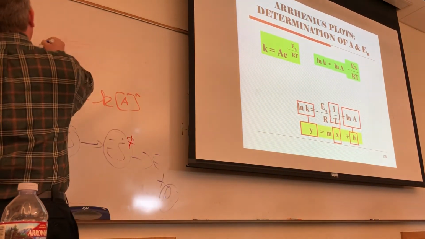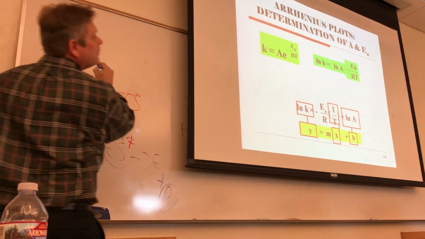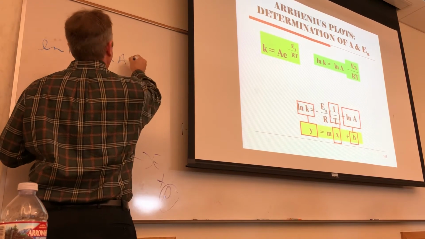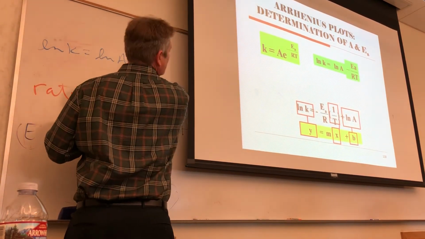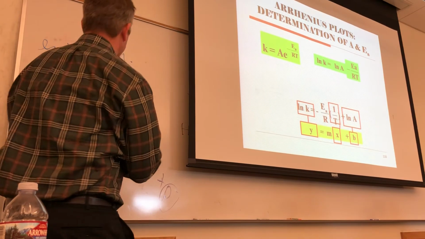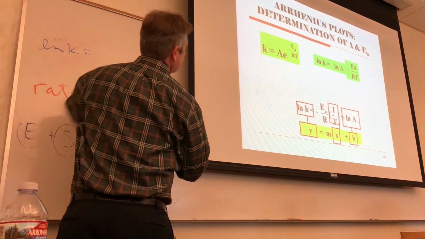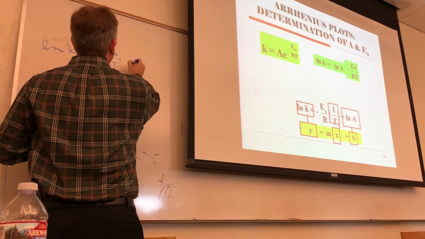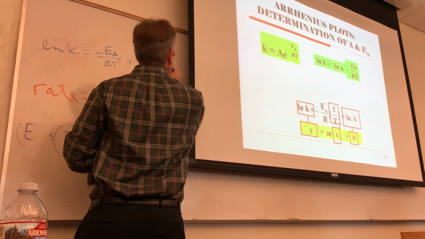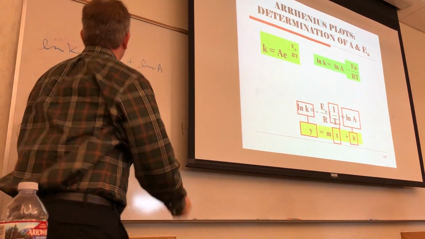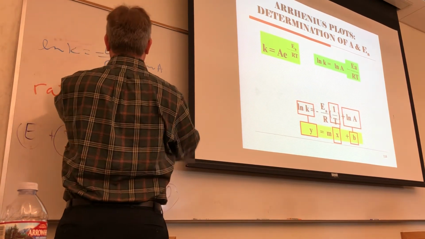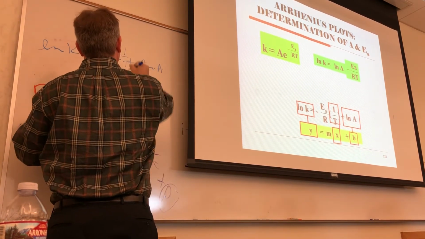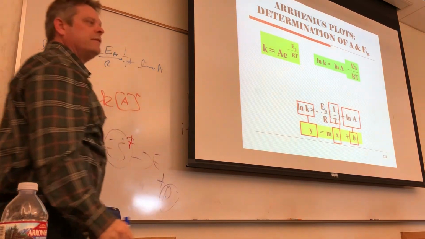And we can say log K equals log A minus EA over RT, plus log A, 1 over T. Maybe I should separate this. Make sure that it looks the same. Is that easier? Yeah.